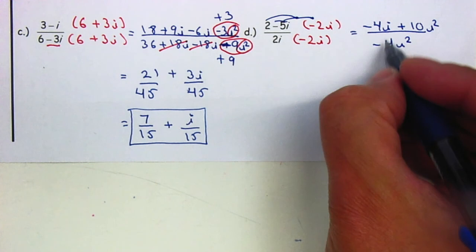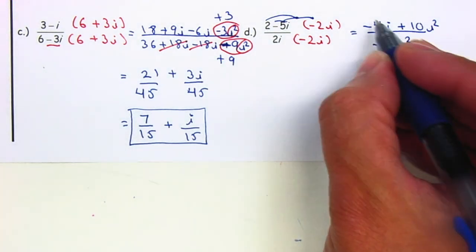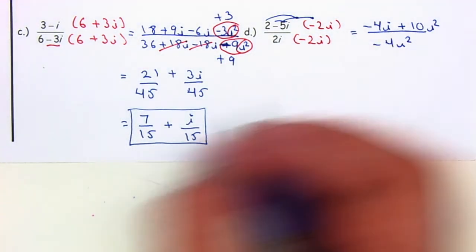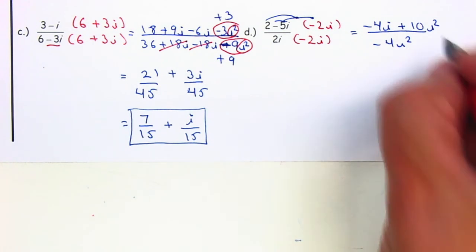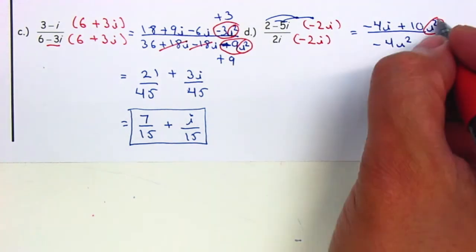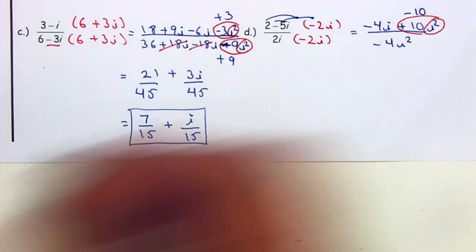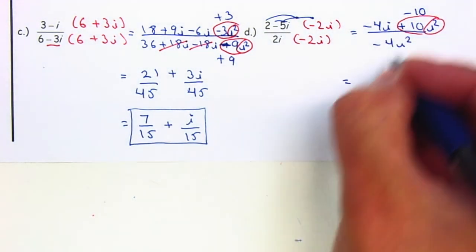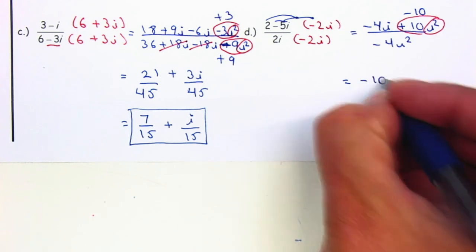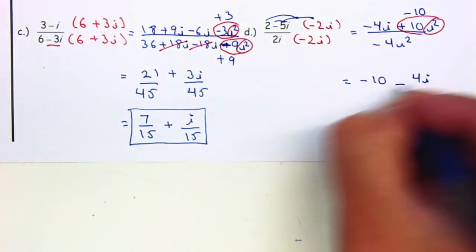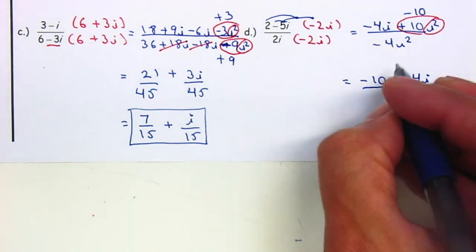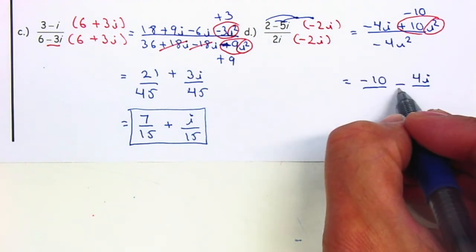Now don't cancel. The plus does not allow you to cancel this out. Be careful. We're going to simplify the top first. That gives me negative 1 times positive 10 is negative 10. Now remember to write down your real part first. So negative 10 minus 4i over. Notice that I placed the sign of the second term in the middle.